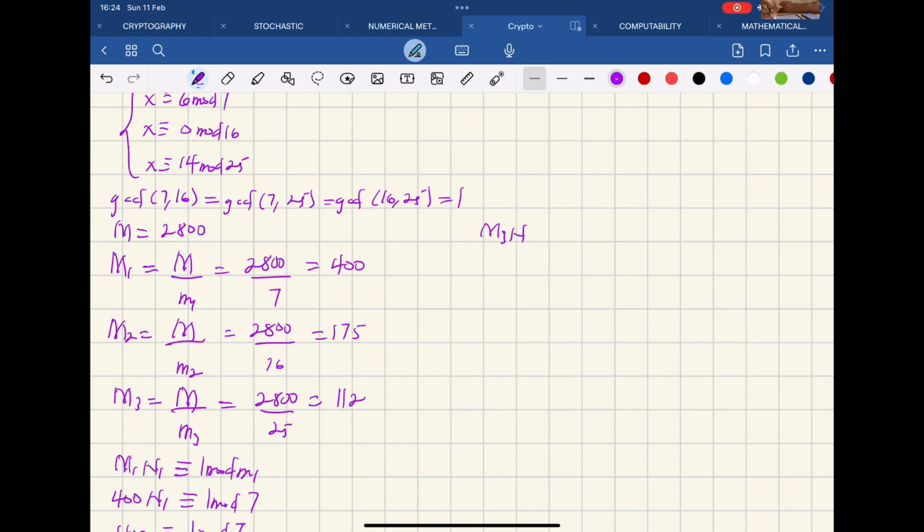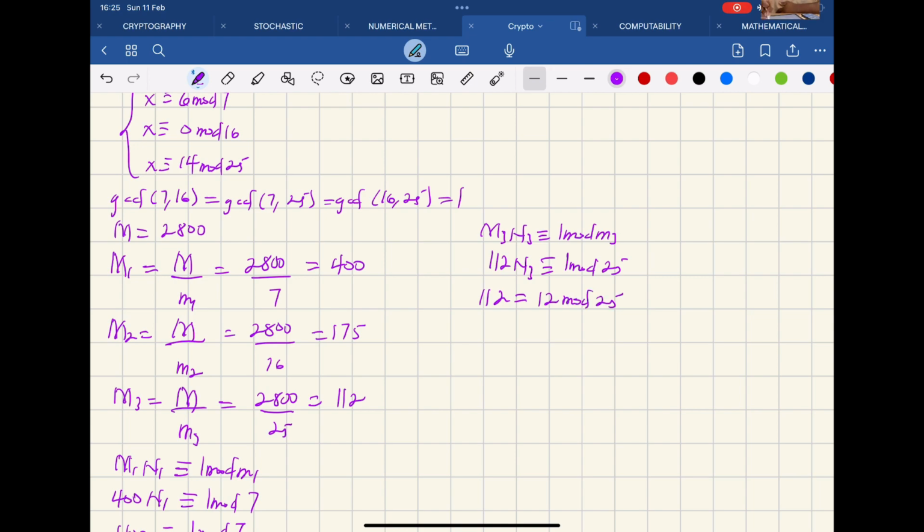Now let's find N3. M3 N3 is congruent to 1 mod small m3. Now M3 is 112, and this is congruent to 1 mod 25. So we write 112 in terms of mod 25, and that is 12.